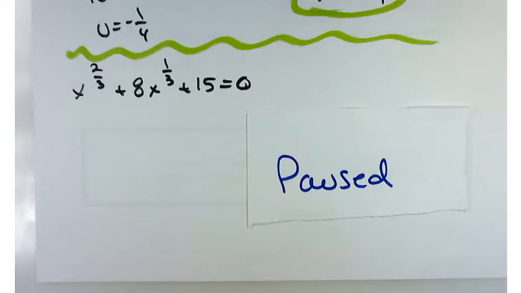Plus 8u plus 15, right? And then you just factor it however you want. Okay, because you have to move it to the other side. But you're not done.